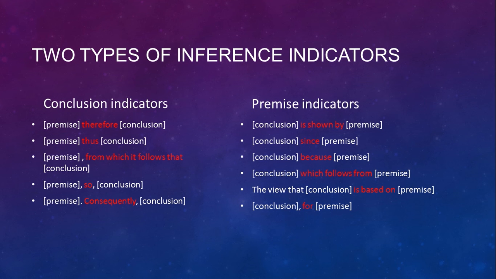Not a very nice way of speaking, but you get the point. So the fact that we should make dinner, since I am hungry. Something like that, right? So because, from which it follows that, is based on, for. Each one of those are premise indicators, and the other ones are conclusion indicators.